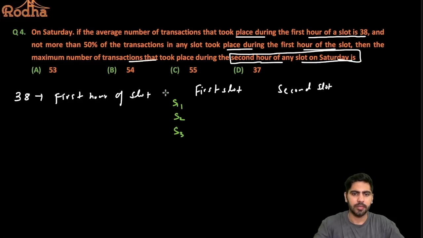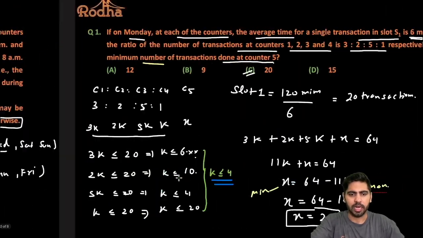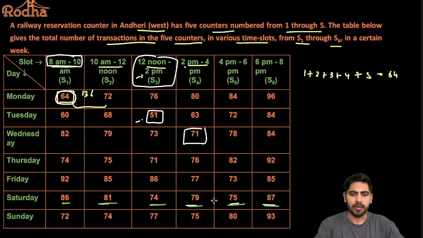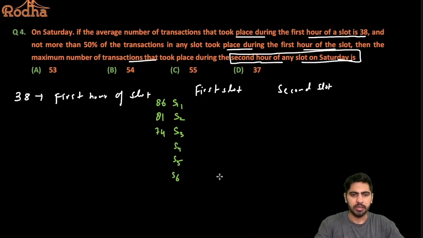Similarly, for slot 4, slot 5, and slot 6, for the remaining slots, the number of transactions on Saturday is, as per the table, 79, 75, and 87, right?